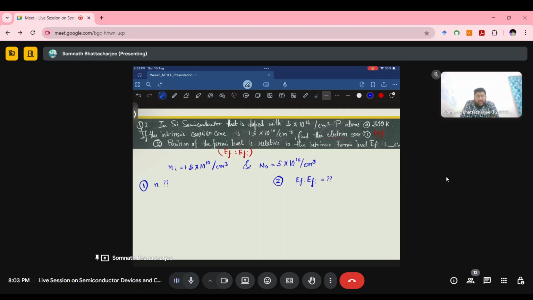Just check the numbers Ni and Nd. How much difference is between them?